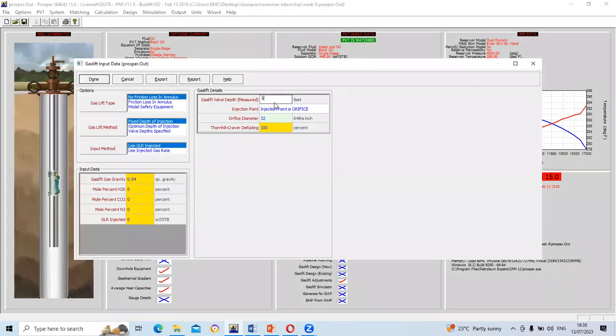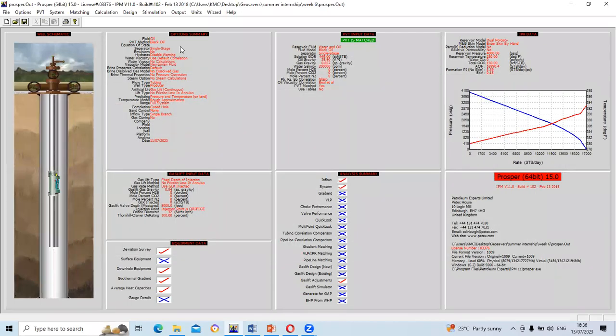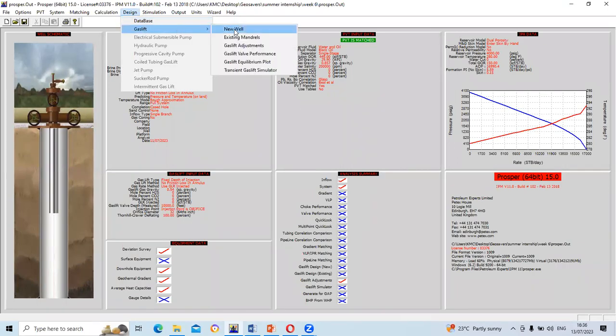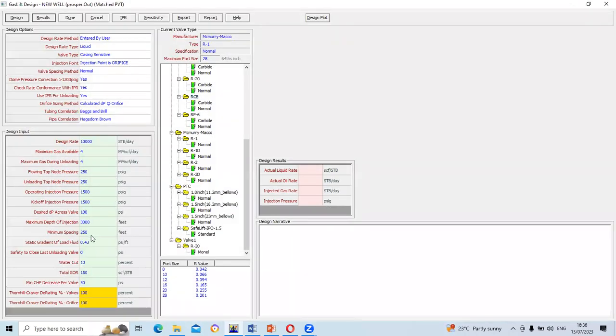I'll change this to, let's say, 10,000. 10,000 feet. That's if type, no friction loss. You already chose that at the beginning. So injection, so at 8,000.